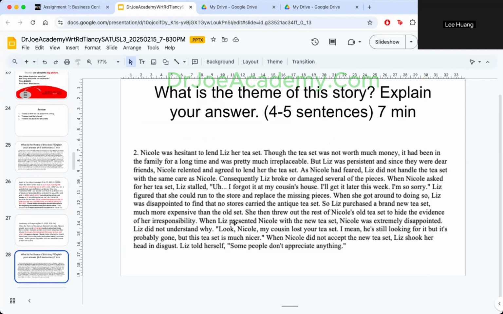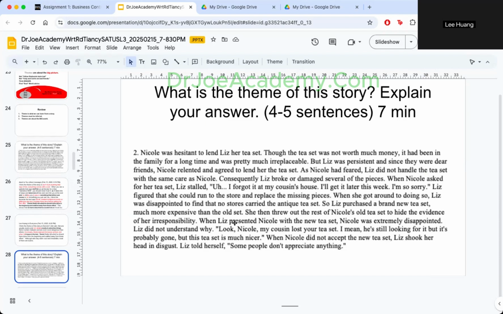Nicole was hesitant to let Liz borrow her tea set. That tea set was not worth much money. It had been in the family for a long time and was pretty much irreplaceable. But Liz was persistent, and since they were dear friends, Nicole relented and agreed to lend her the tea set.